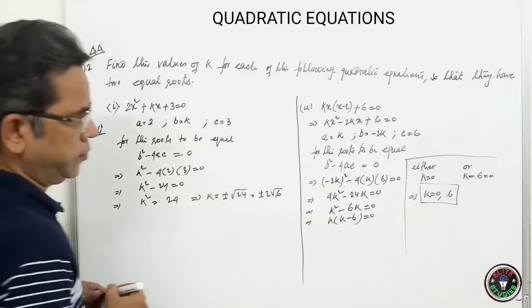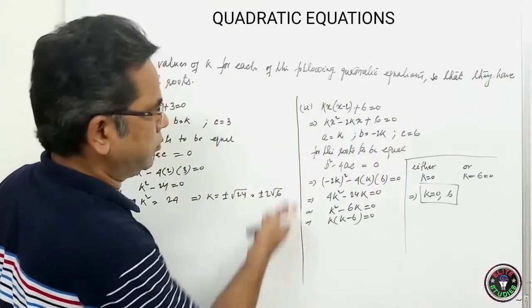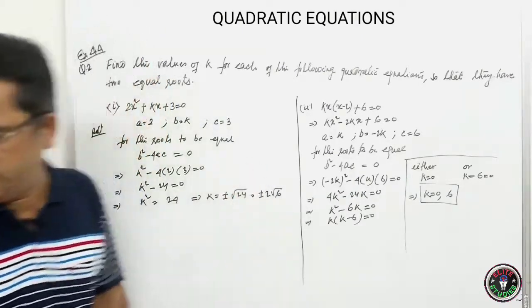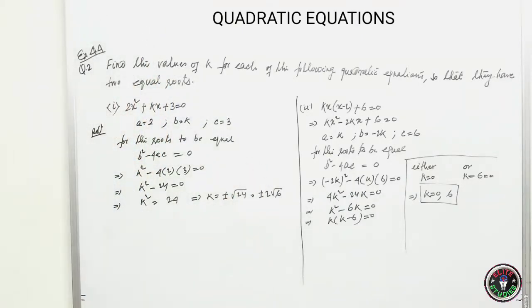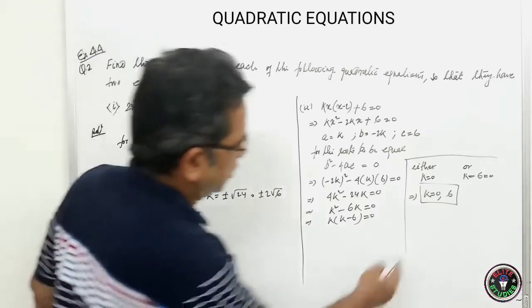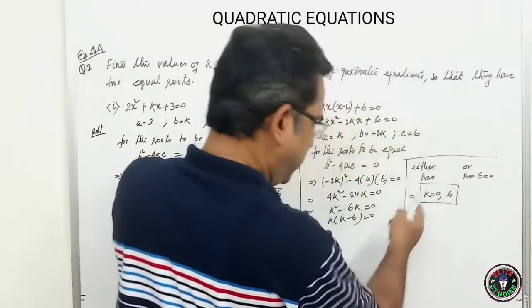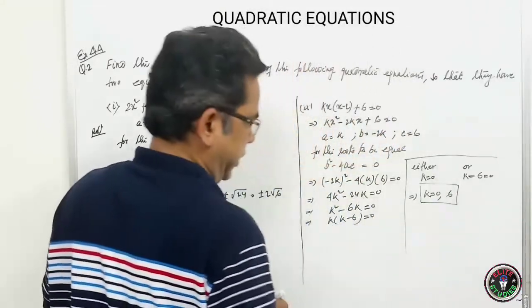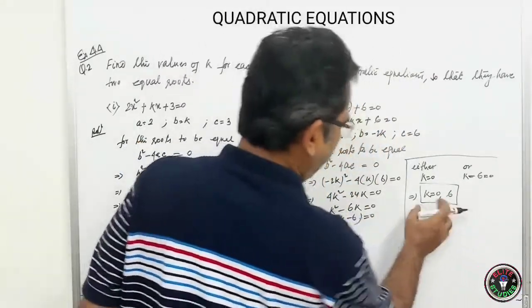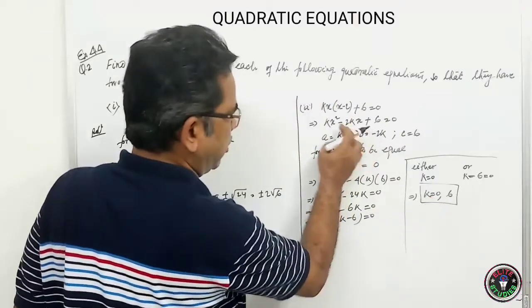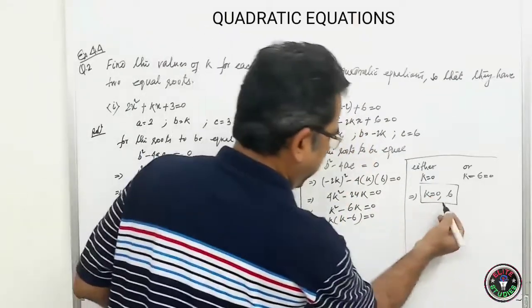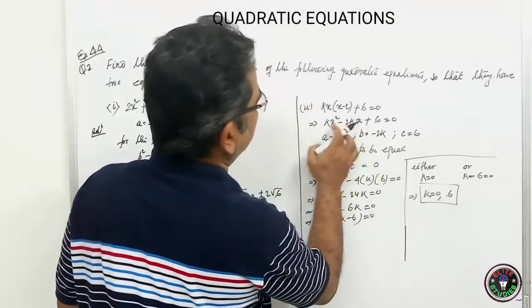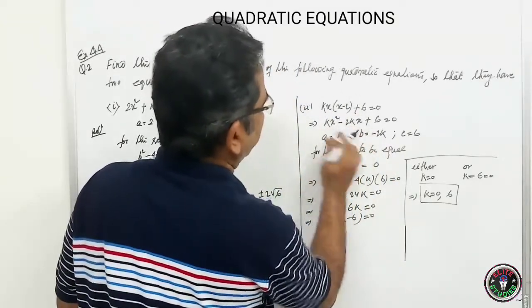Okay, students? It's very easy. Please note it down or take the screenshot. Here, students, you see k is equal to 0 or k is equal to 6. Now, whether both are feasible or not, both are valid? Now see, if k is equal to 0, then what will happen?